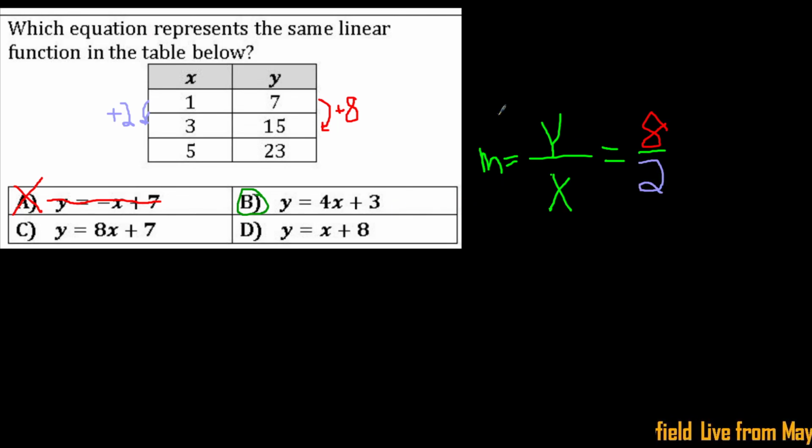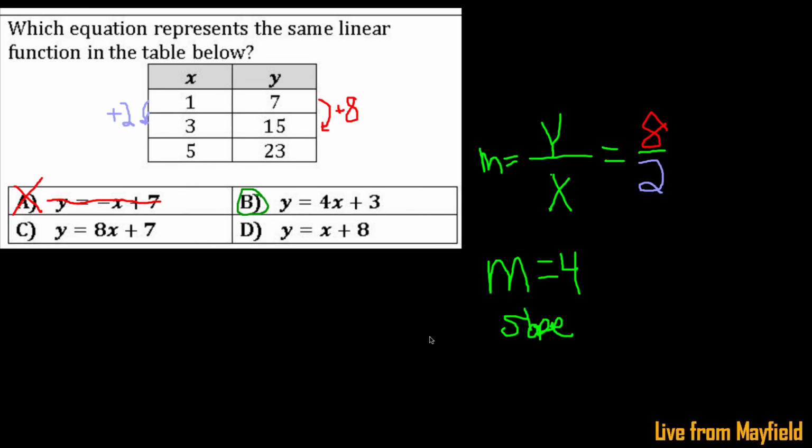Since that is my ratio or my slope, it simplifies to m equals 4. This is slope, so even though this is terrible handwriting because I'm using a mouse, that's okay, we still know what we're talking about.